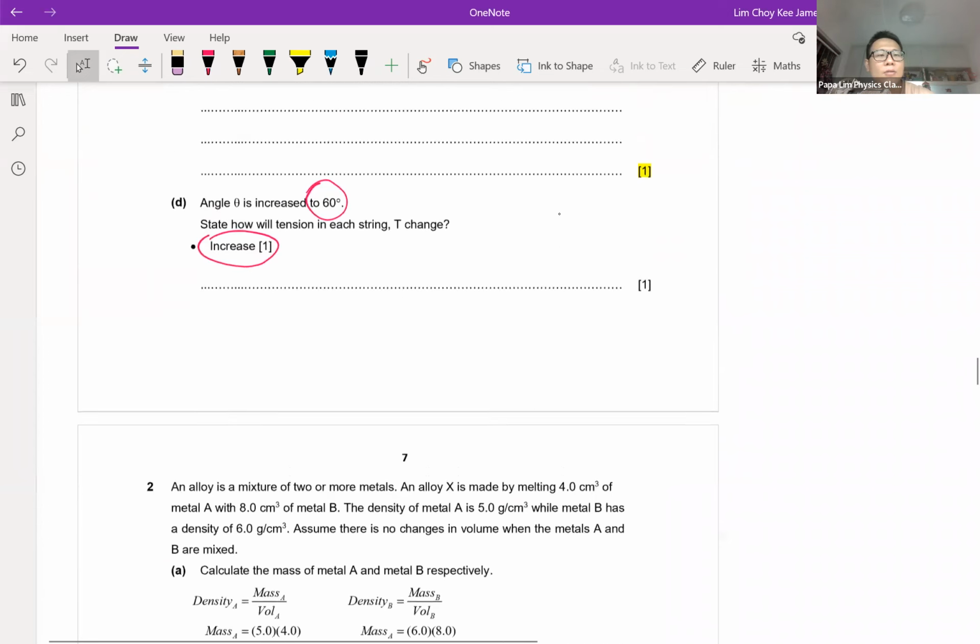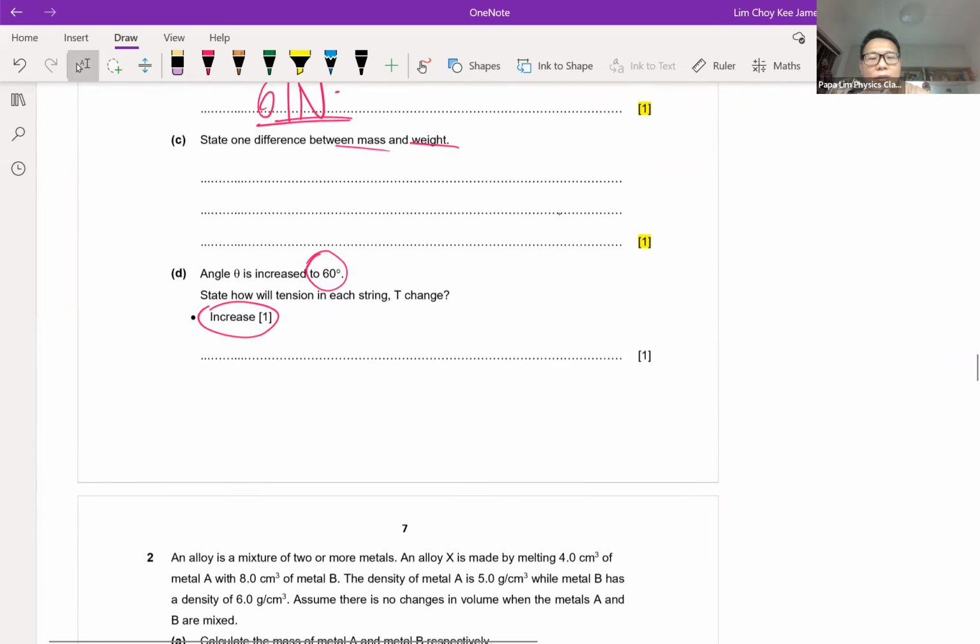Oh yeah, sorry. For 1D, what the question is talking about is like that. Originally it is this angle, so this is the angle I'm talking about. Now what happens is the angle is larger. It could be maybe the string is shorter, or maybe it's being hung further apart. So the theta here actually increases.